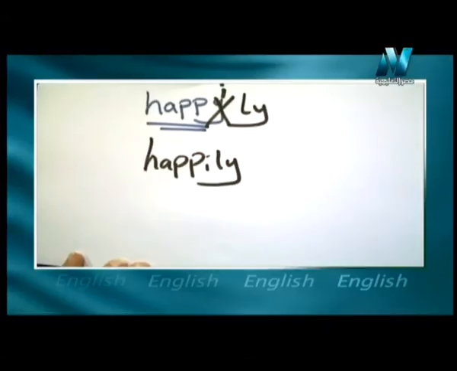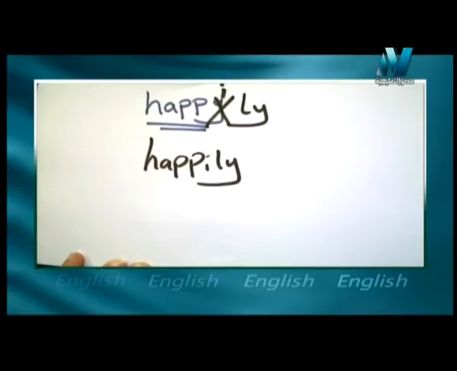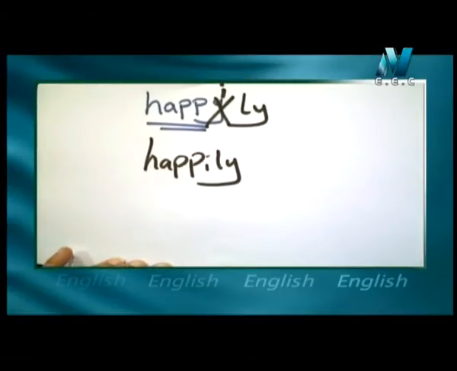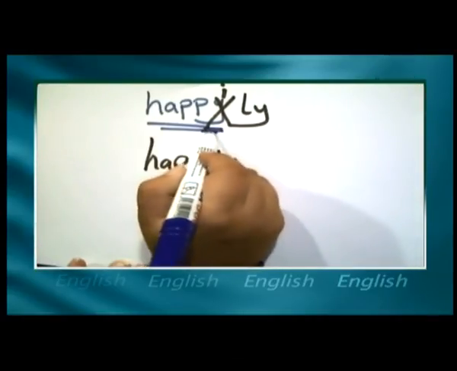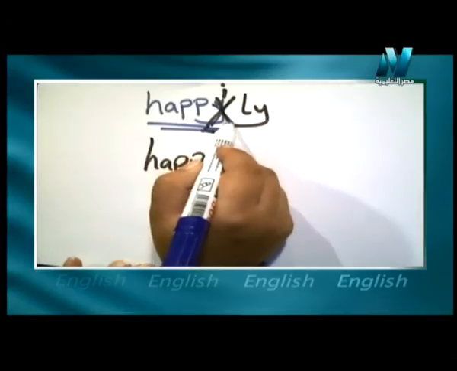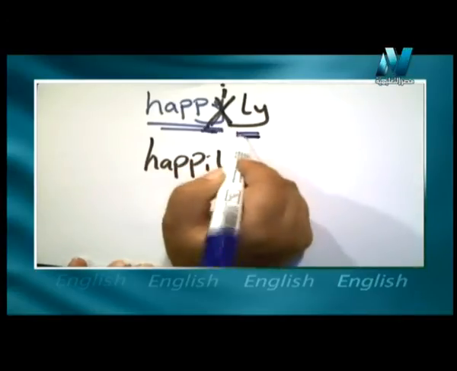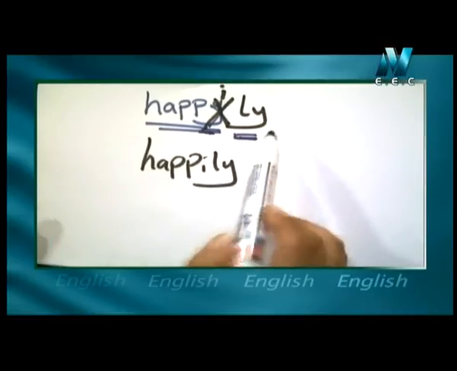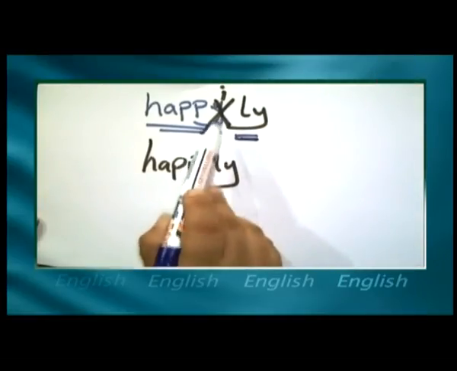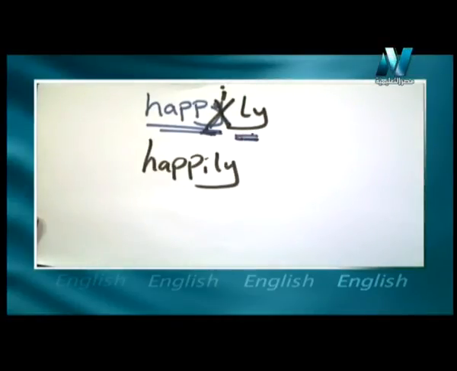So if I have any adjective that has y at the end, I'm going to replace it with i and then add ly, so it's going to be an adverb.